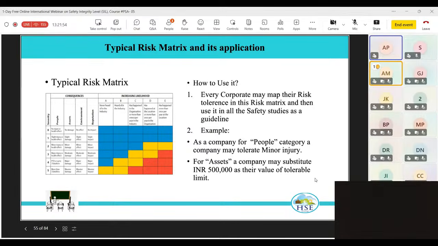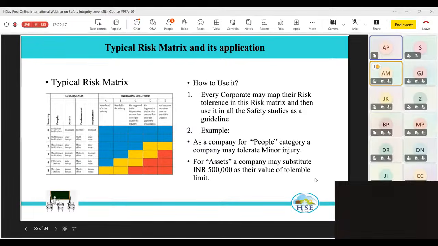Okay, let me explain in detail. For risk receptors, people means what will happen if the severity is very high, then some people may die, more than one person may die. In that case, severity is category five, as shown here.